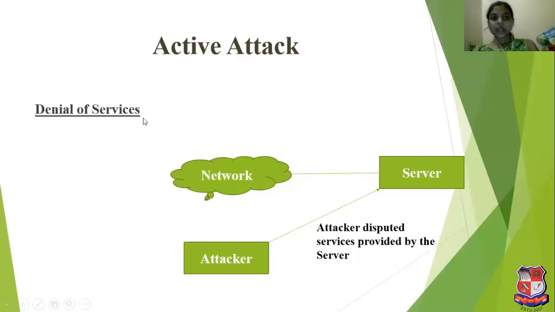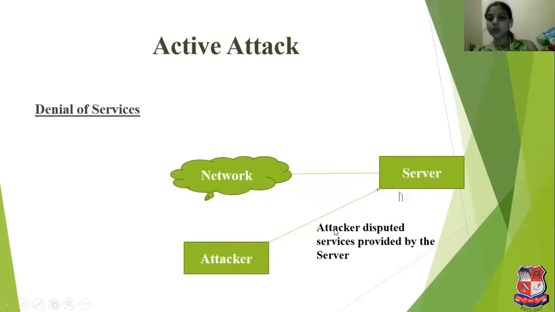The last one is denial of service. As we have seen in previous attacks, there are two users, sender and receiver, who are being harmed by the attacker. But by using DoS, the attacker directly attacks the server. There are many PCs or workstations connected to the server, and they are all directly or indirectly affected.